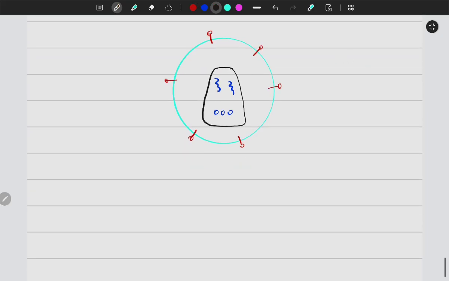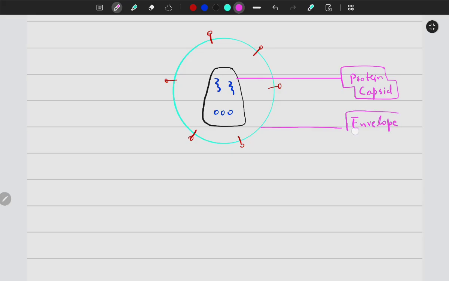Okay, so let's label it. So this is the capsid, protein capsid. Right? This is the envelope obtained from the host membrane. This is the genome.